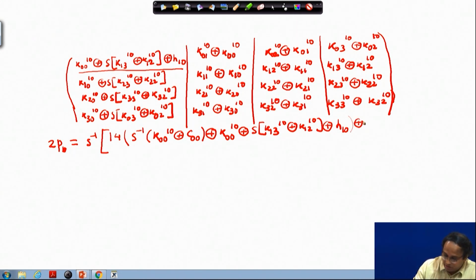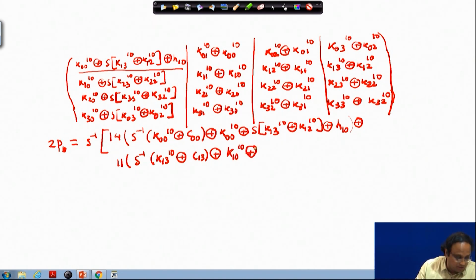And then again similarly, you have got 11 multiplied with S inverse of K13 10 XORed with C13 XORed with the corresponding 9th round value, which is nothing but K10 9th round key expressed using 10th round key, which is S multiplied with K23 10 XORed with K22 10.